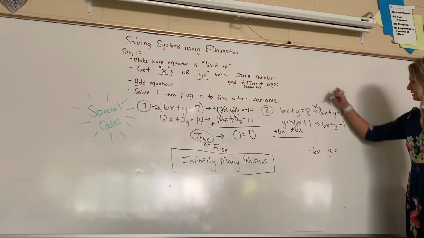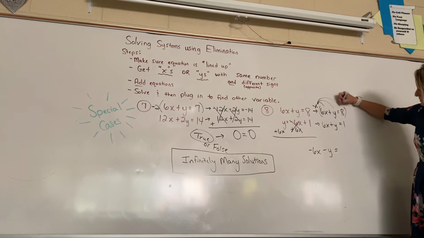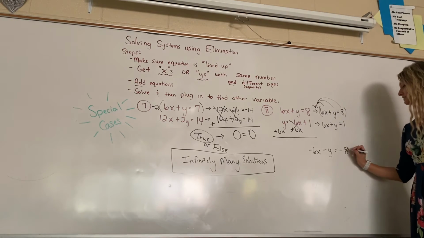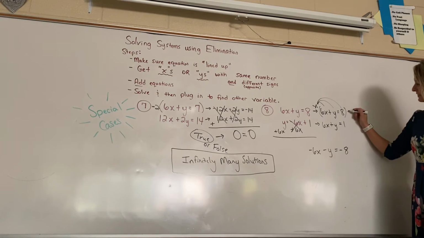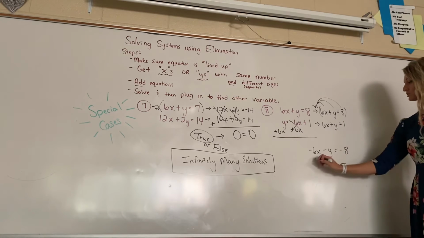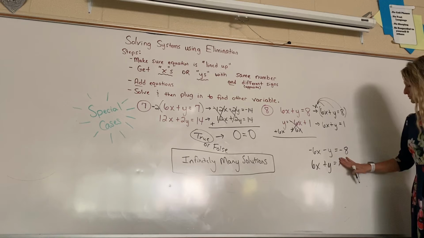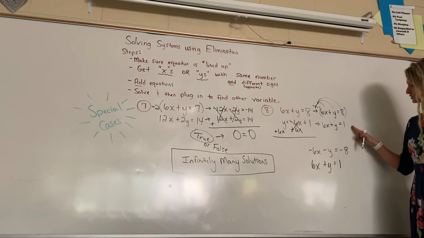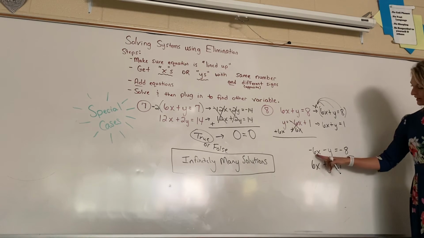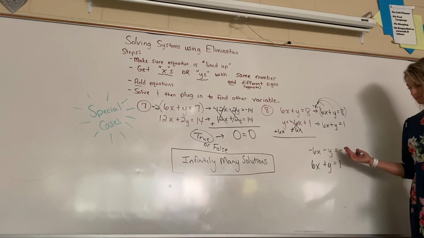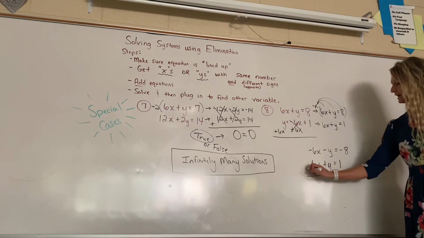And then -1 times my 8 would be -8, okay? And so that's this equation. And then I'm going to bring the other one down right underneath it. And I'm going to double check. I just copied that one down. Do I have the same number with different signs? I do. So you can add them.